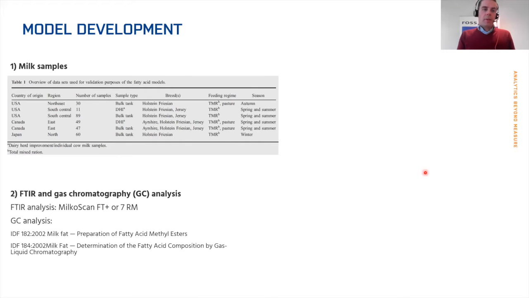Then we analyzed all the samples using FTIR technology, either a Milkoscan FT Plus or a Milkoscan 7RM. And we performed gas chromatography analysis to get the detailed fatty acid profiles. Here we followed different IDF standards.